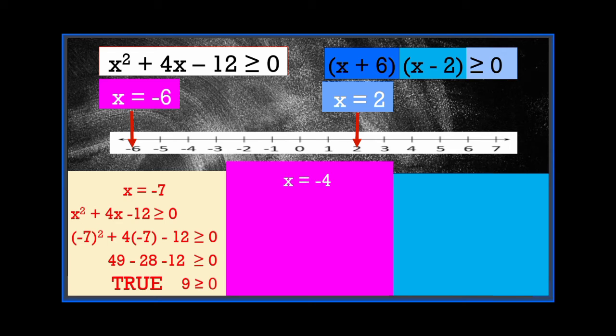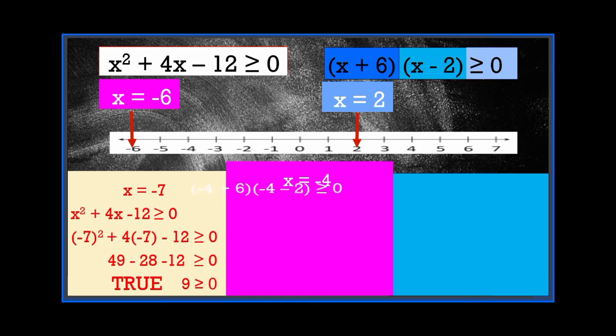Okay, so let us have negative 4. So, dito sa second, gagamitin naman natin ang mga factors. So, let us have x plus 6 multiplied by x minus 2 is greater than or equal to 0. So, just replace the x by negative 4.